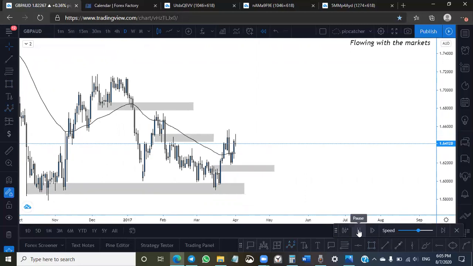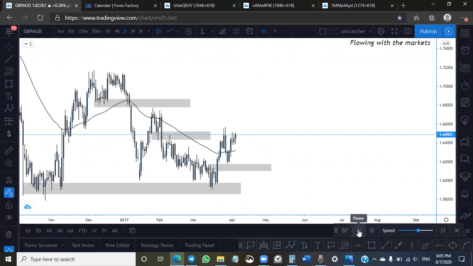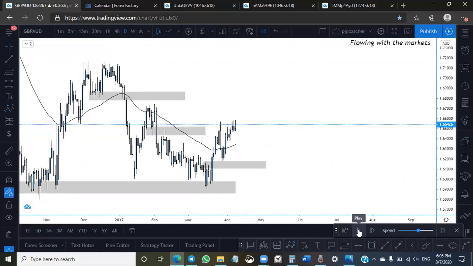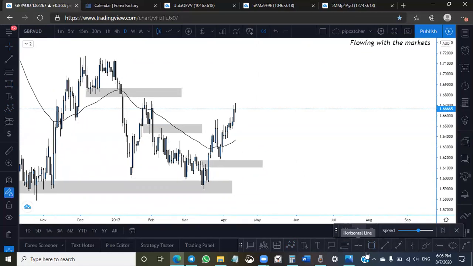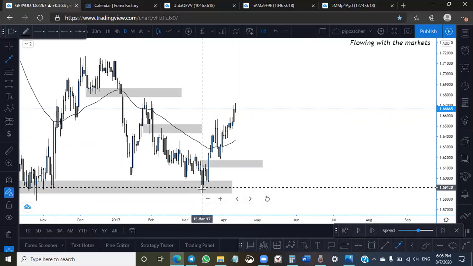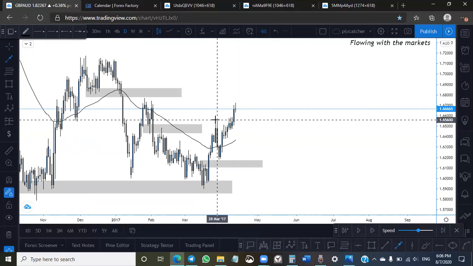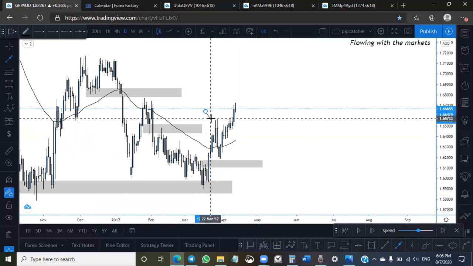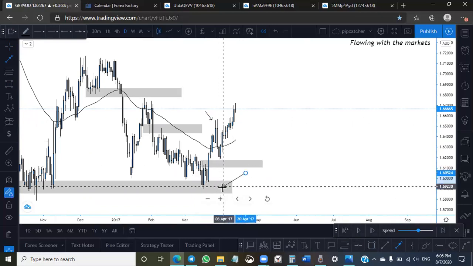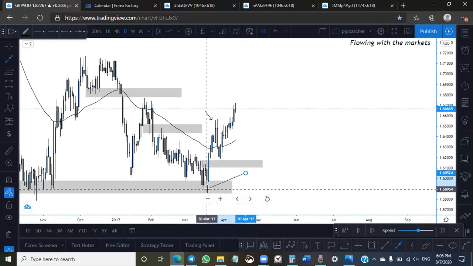Okay, so it didn't get quite down in there before giving us a nice impulse up. But okay, so here's what I will be looking for now. So we had a low and we created a new high here. And the market did not come back lower under these lows.